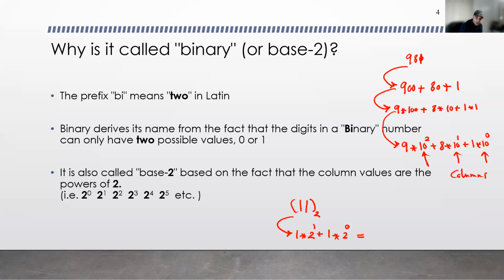This is basically the conversion from binary to decimal. 1 multiplied by 2 is 2, and 1 multiplied by 1, remember, anything raised to the power of 0 is 1. So basically 2 plus 1 is 3. So this is not 11. That's why we discriminate between them by putting this subscript 2.